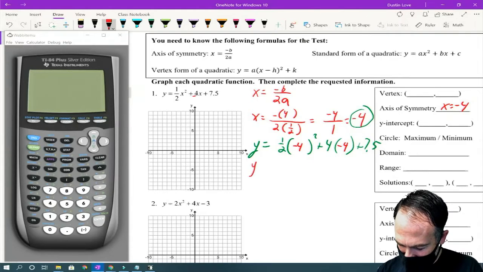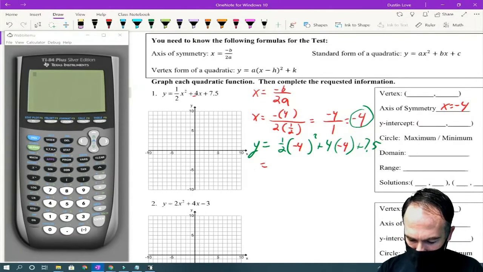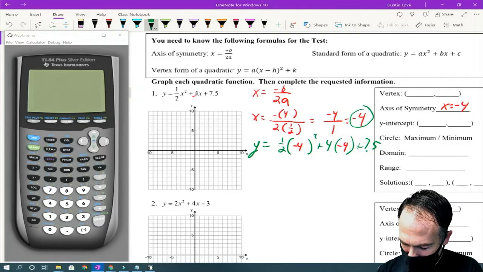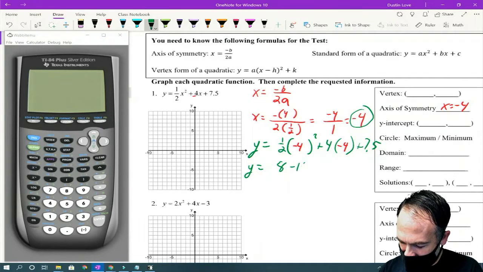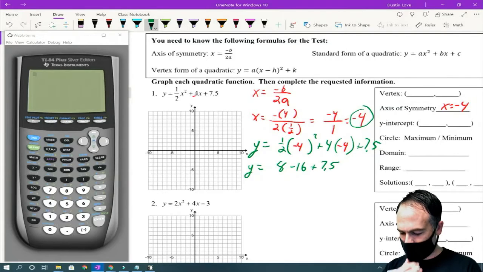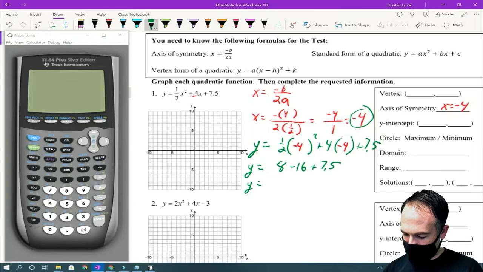Now we simplify down. Negative 4 squared is positive 16 times 1/2 is 8. 4 times negative 4 is negative 16 plus 7.5. Now we've got that 8 minus 16 is negative 8. Plus 7.5 is negative 0.5.